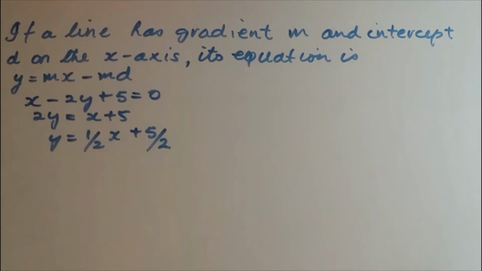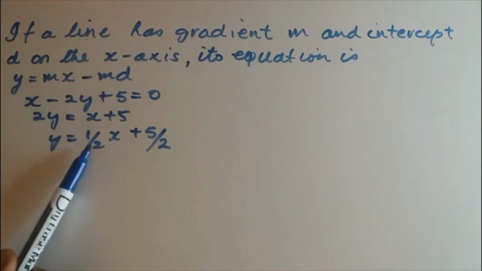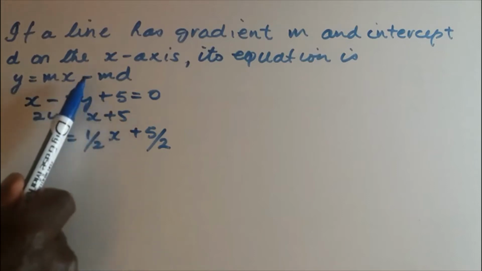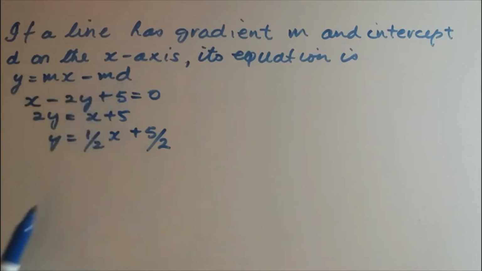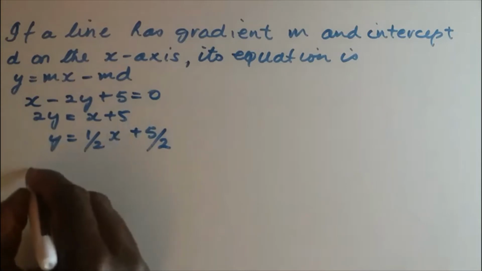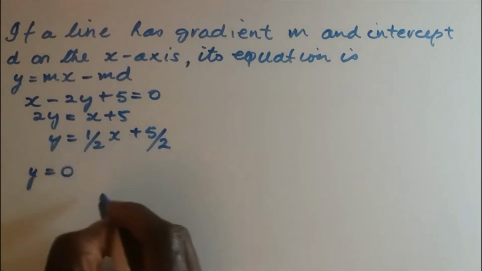Let's see if this applies to the statement, where we multiply our gradient by the x value, and the negative of the gradient times the intercept d on the x-axis. We'll find that out, then substitute and see what happens. To find the intercept d on the x-axis, we must set y to 0.